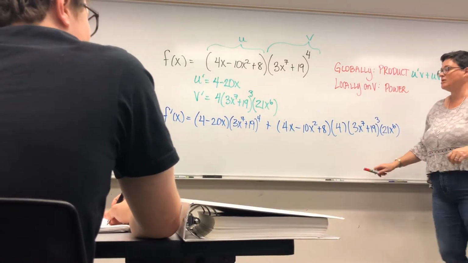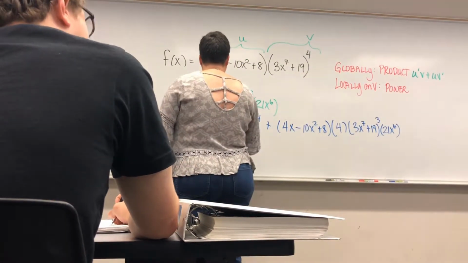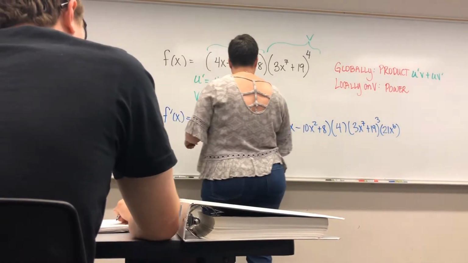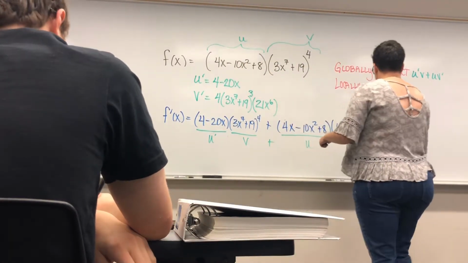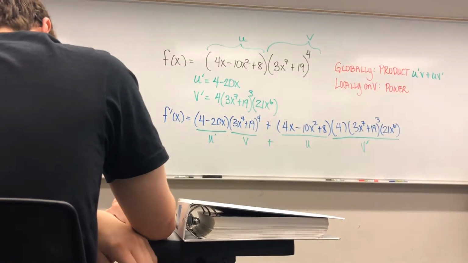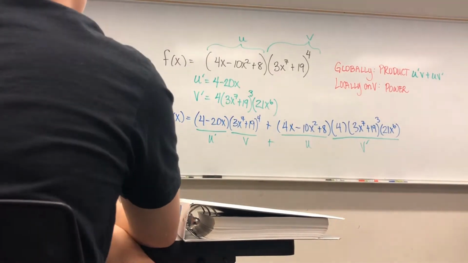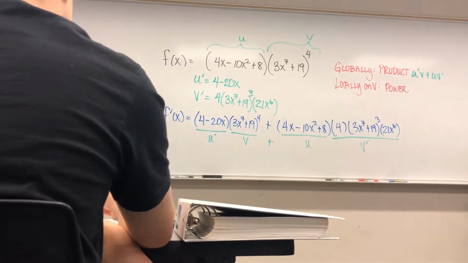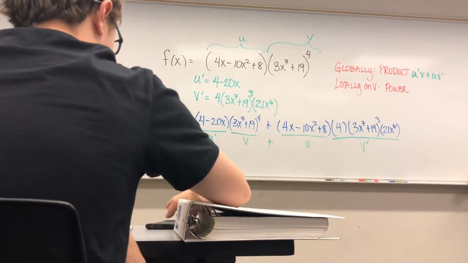So let me label all my bits again. Here's u prime, here's v, here's u, and here's v prime. Nothing has changed. We're just adding that extra little bitty layer of sophistication.